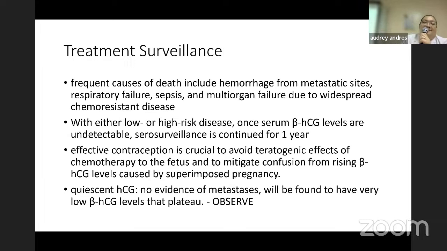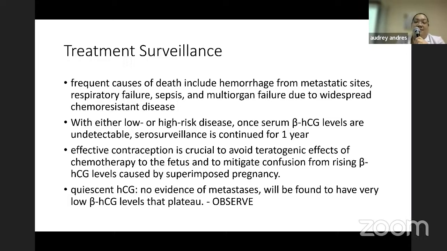So surveillance. So of course, monitor for hemorrhage from metastatic sites. Of course, because of metastatic sites, there could be respiratory failure, sepsis, multi-organ failure due to widespread disease. Okay. Surveillance is continued for at least a year.